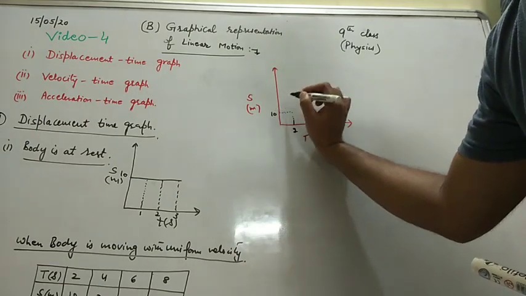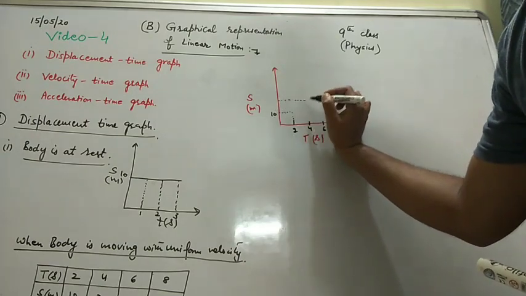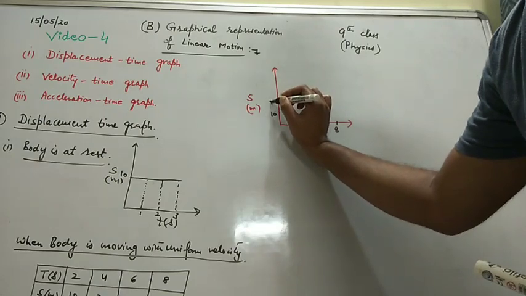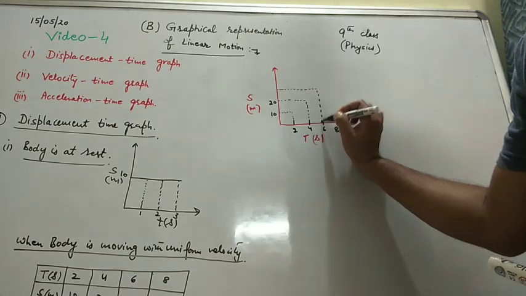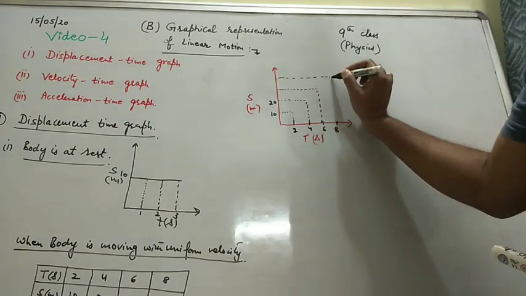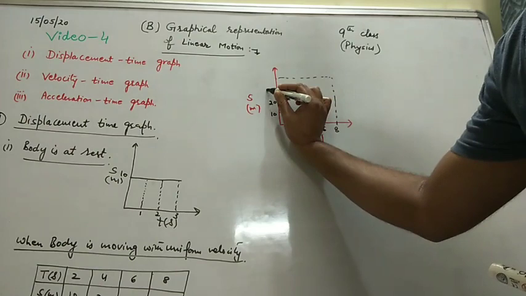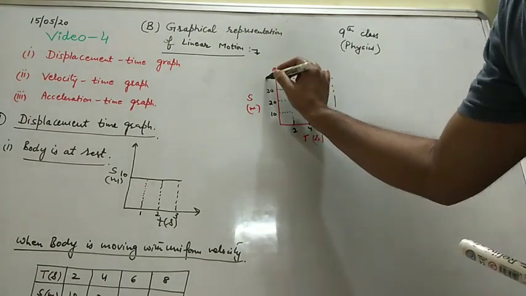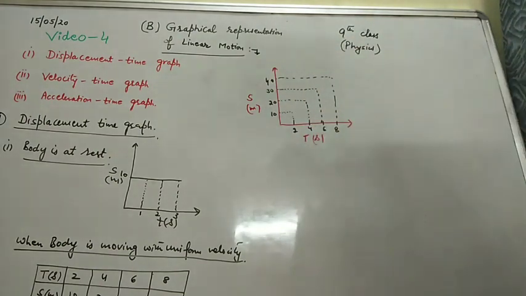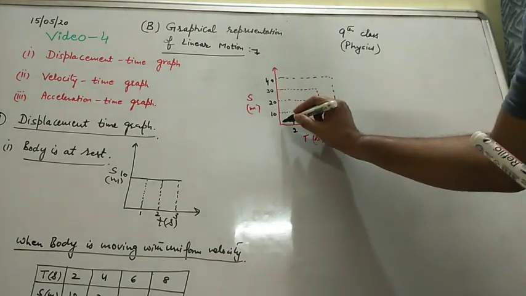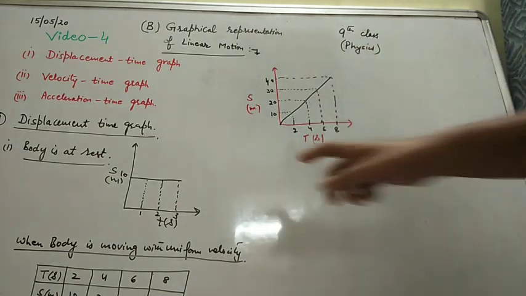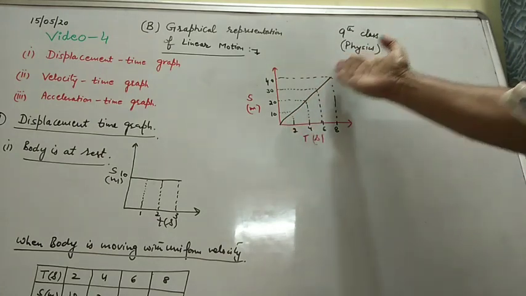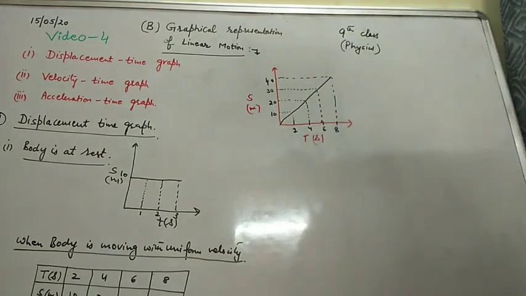And displacement is 10, then 20, next is 30, and the last one is 40. Now if I try to draw the displacement time graph, it will be a straight line inclined to the time axis.